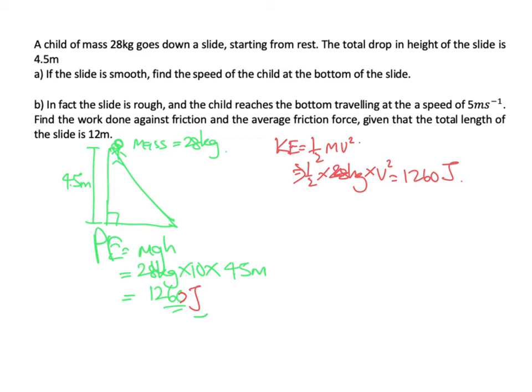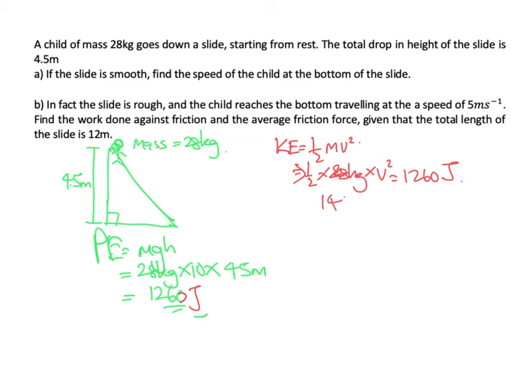In this case, at a certain height, which is 4.5, we have potential energy. As it goes down, the height decreases, so potential energy starts changing form to kinetic energy, until it becomes completely kinetic energy at the bottom when the height is 0. So 1260 equals half times 28 times v square.